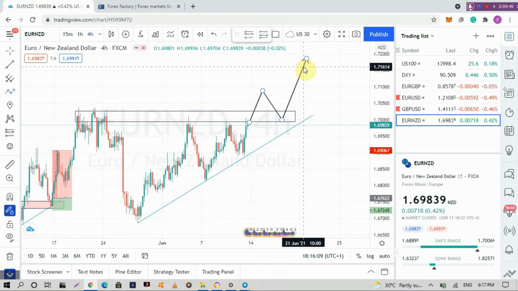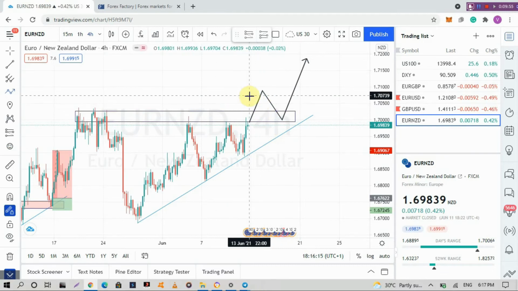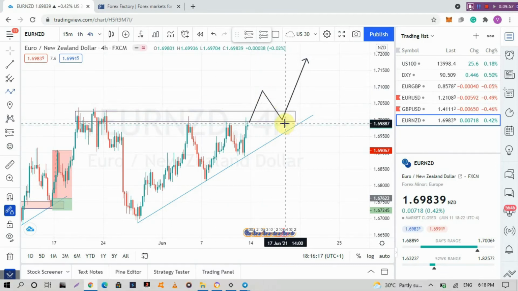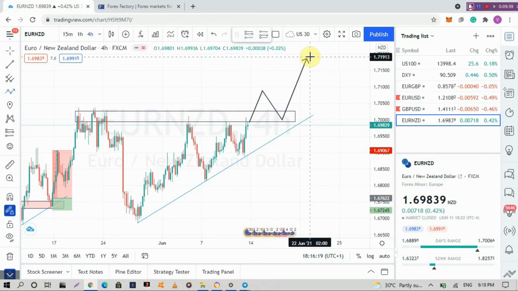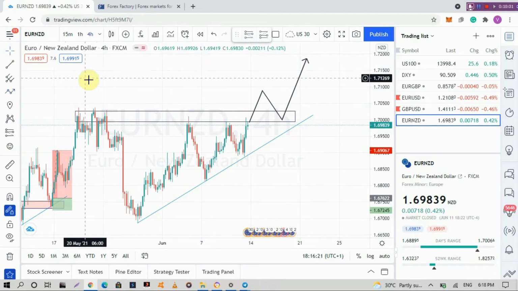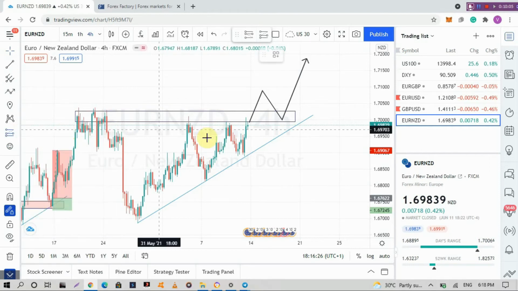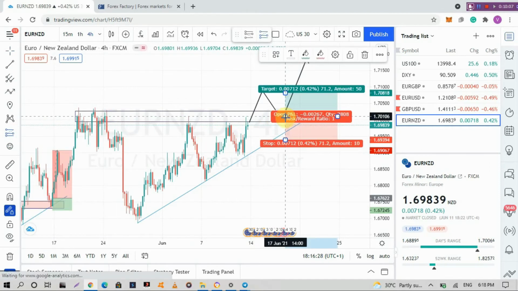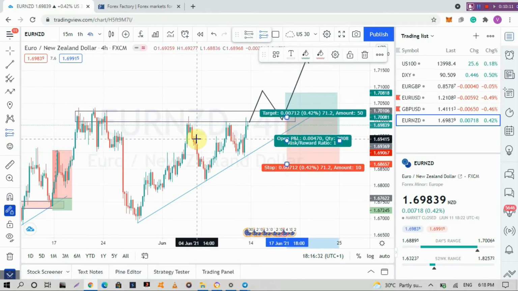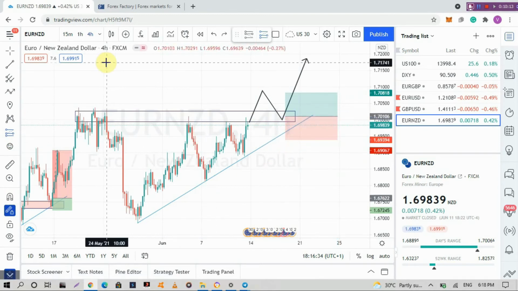I'm patient for price to come towards my entry. So when price breaks out, I'll be waiting for a retest before joining in towards this upward move, the breakout of the ascending triangle. When that happens, I'll be taking an entry. I could just place a tight stop.